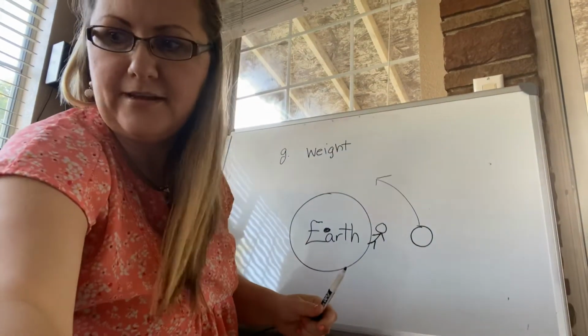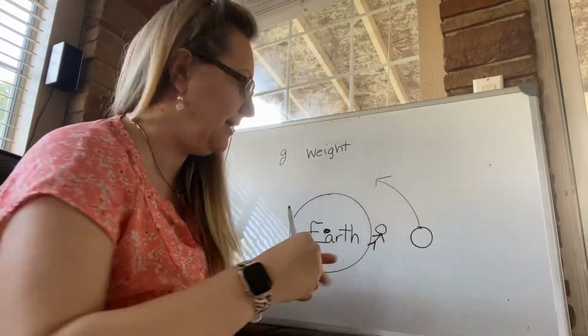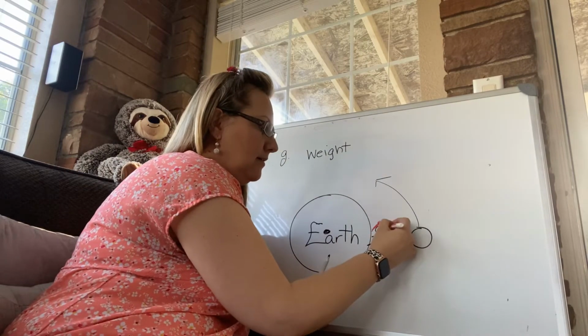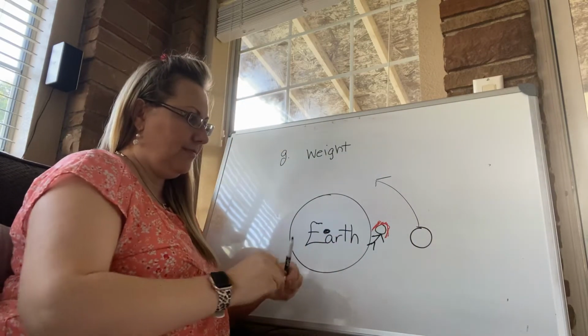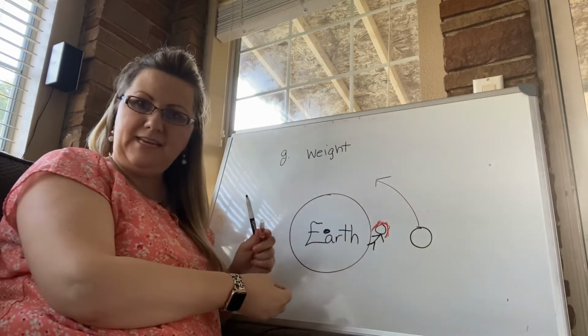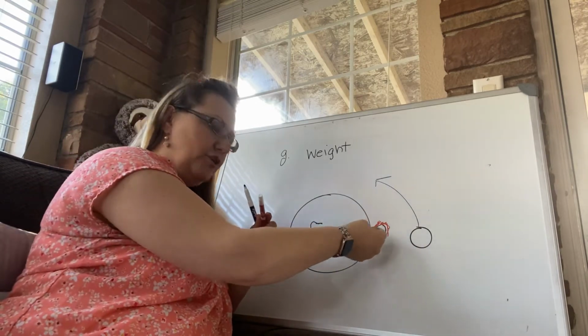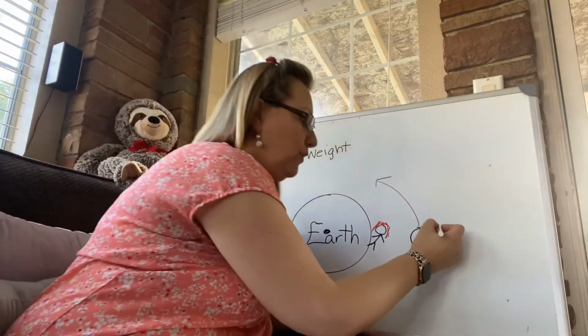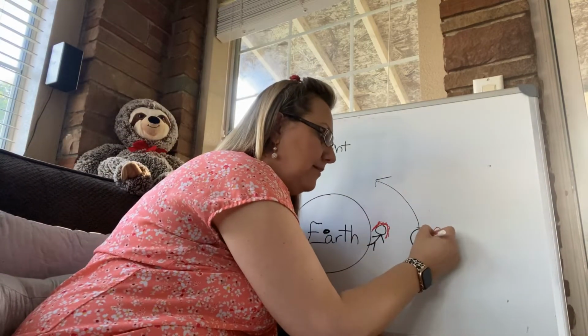Here, let me give myself some reddish hair. So here I am standing on the earth. The pull of that gravity is going to be stronger for me while standing on the earth than it will when I'm standing on the moon.